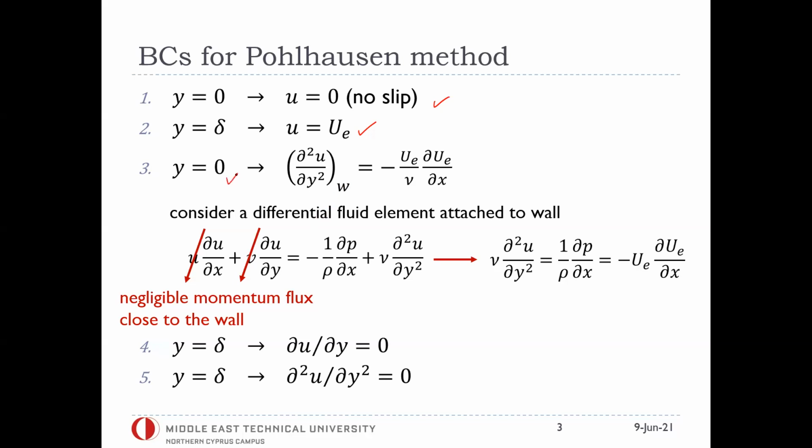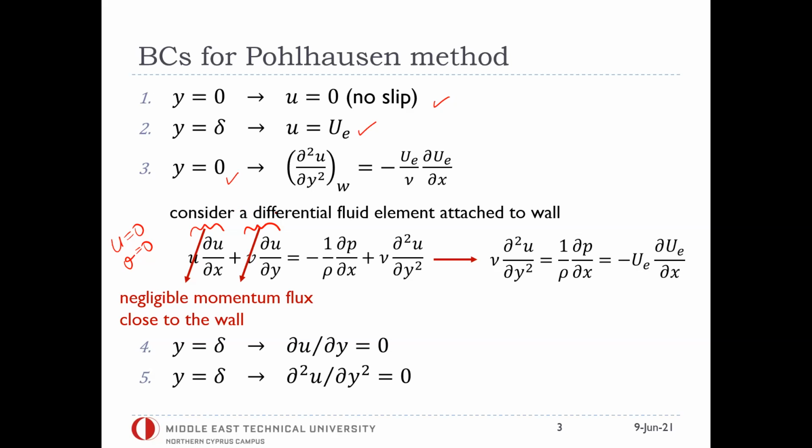At y equal to 0 again, on the wall, if we write down the momentum conservation equation, we know that there is the no slip condition, u equal to 0, v equal to 0. So in the momentum conservation equation, these two terms automatically become 0 at the wall.